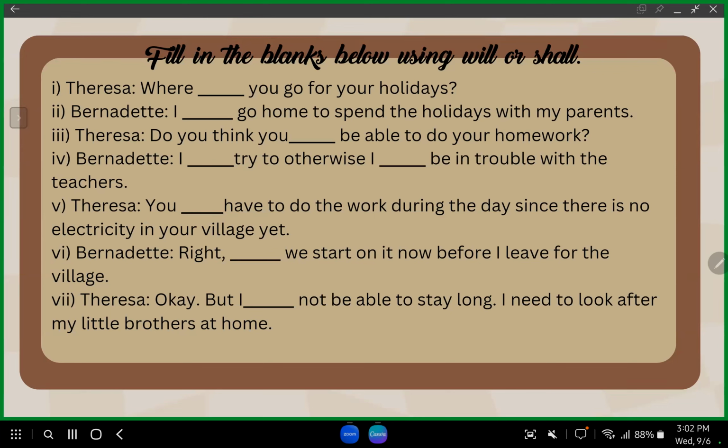Where will you go for your holidays, Bernadette? I shall go home to spend the holidays with my parents. Do you think you will be able to do your homework? I shall try to, otherwise I shall be in trouble with the teachers.